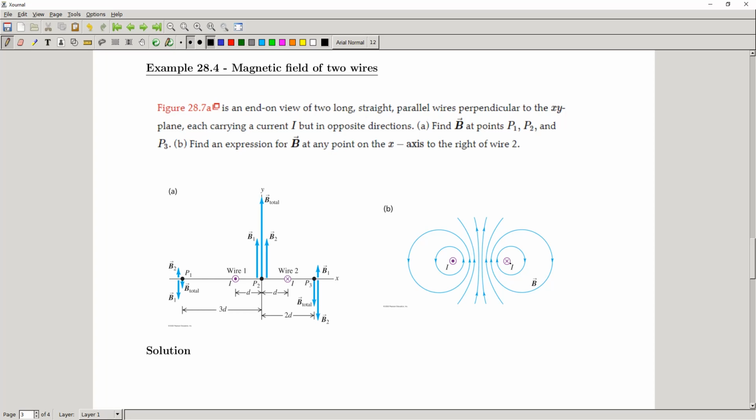And then if we look at the right-hand side where the current is going into the page, we can drive our thumb into that, and then our fingers are going to curl clockwise in the same direction that we see indicated here, right?